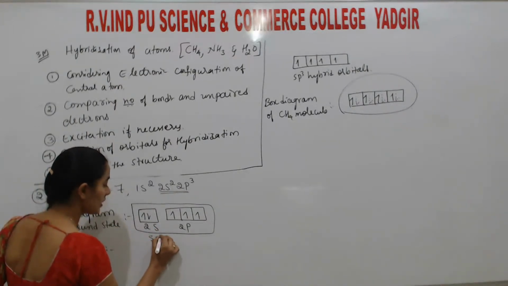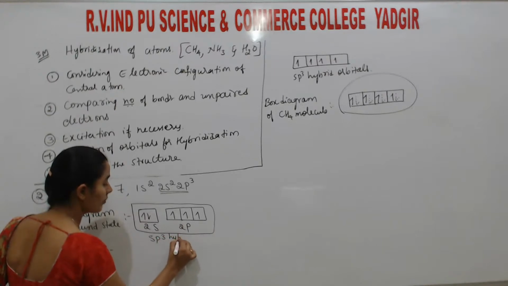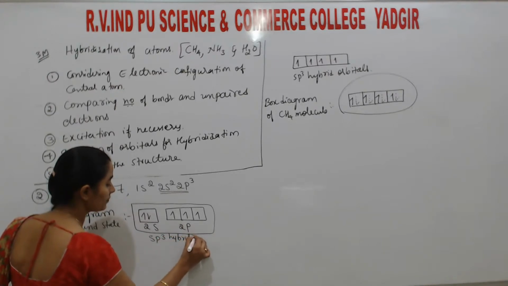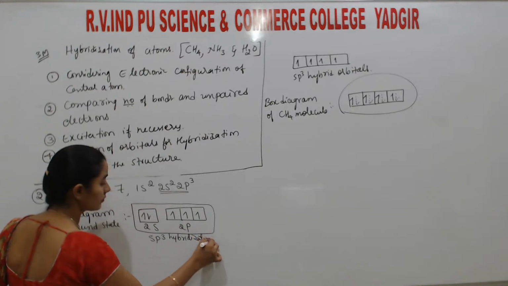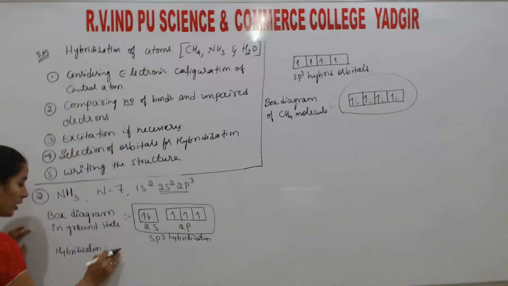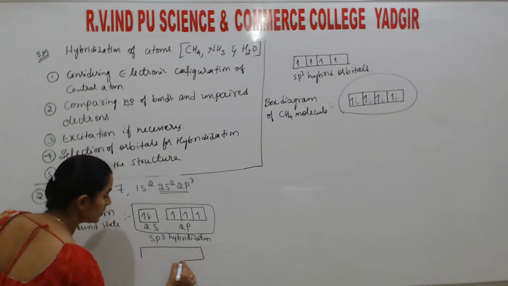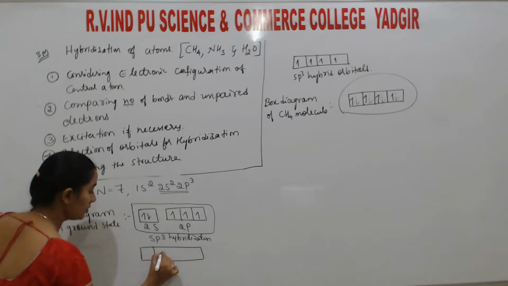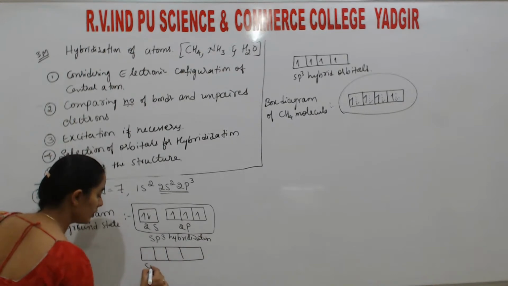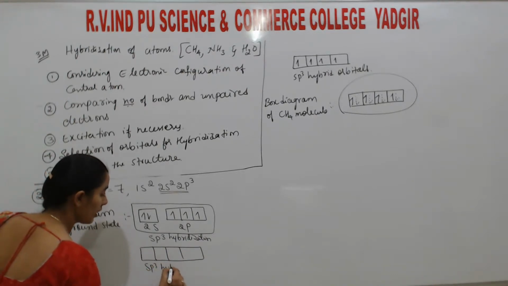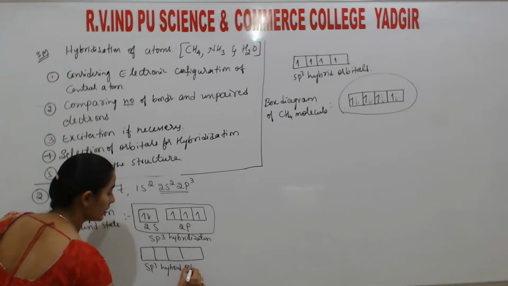The p orbitals are going to be bonded. So this is sp3 hybridization. Okay, so you can write the 4 orbitals like this. 1, 2, 3, 4. These are sp3 hybrid orbitals.